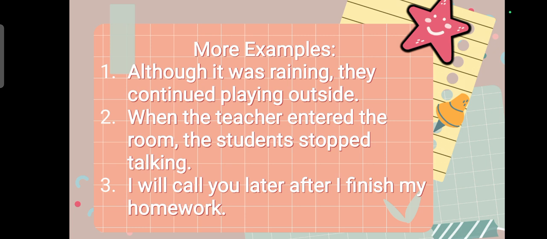Okay? So such as number 1, although it was raining, comma, then followed by an independent clause. But here in number 3, the first one is the independent clause, which is I will call you later, then to be followed by the dependent clause, so no comma at all.